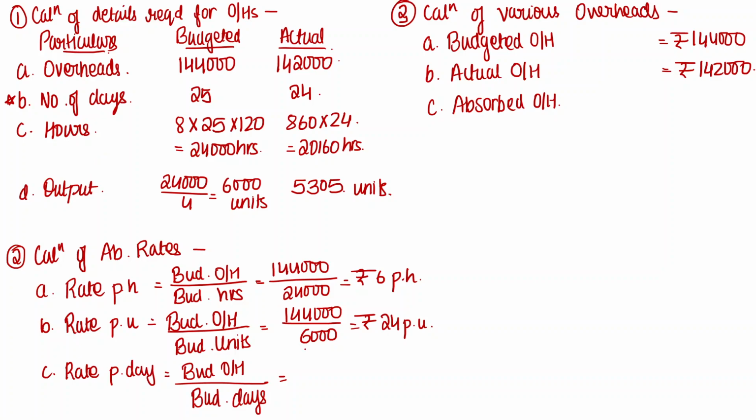So 1,44,000 divided by 25 days. That is 5,760 per day. Clear?